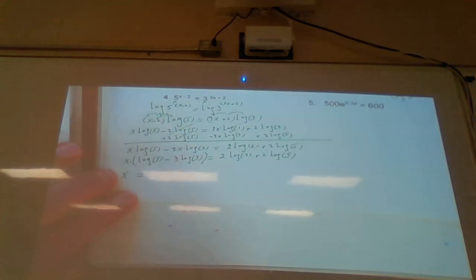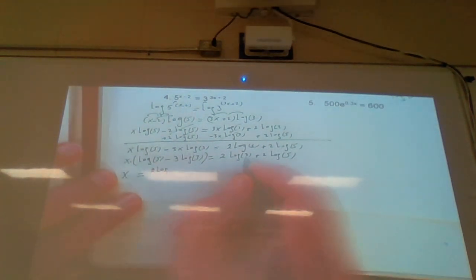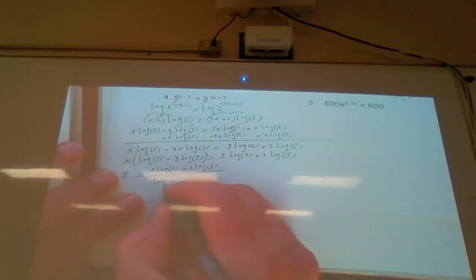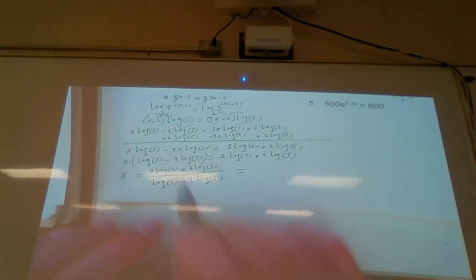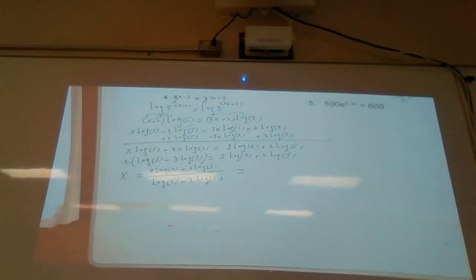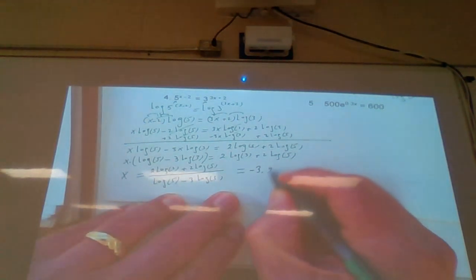So I'm going to end up with x equal to 2 log of 3 plus 2 log of 5 divided by this, log of 5 minus 3 log of 3. Now you can put this stuff on the calculator, make sure you use parentheses and all that stuff. And I ended up with negative 3.212.